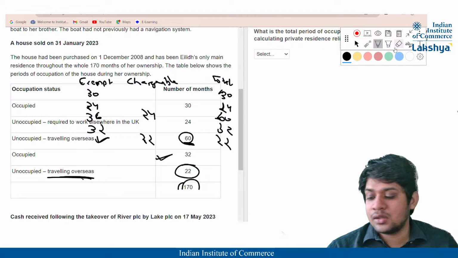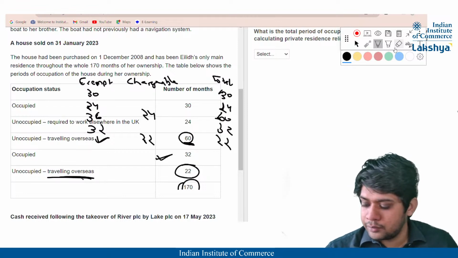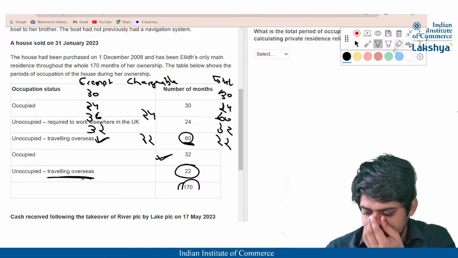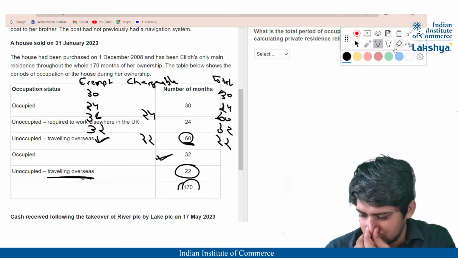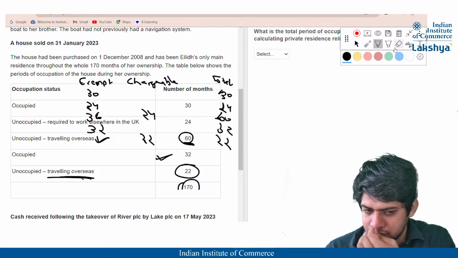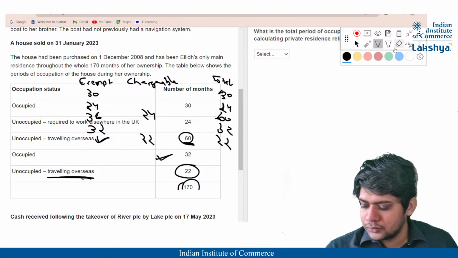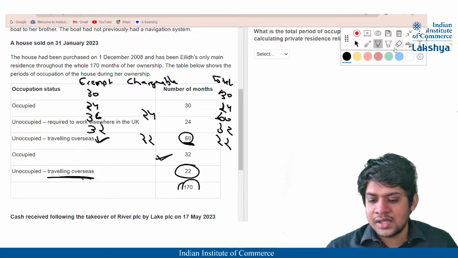So the last 9 months, wait just a second: 30 plus 24 plus 60 plus 32 plus 22 plus 20. Okay, it is 168 months, but they are showing 170 months.